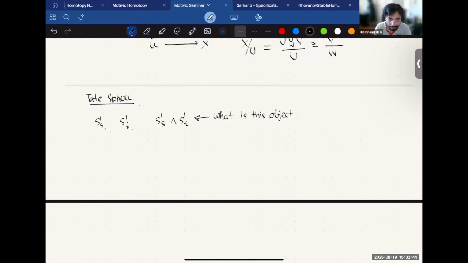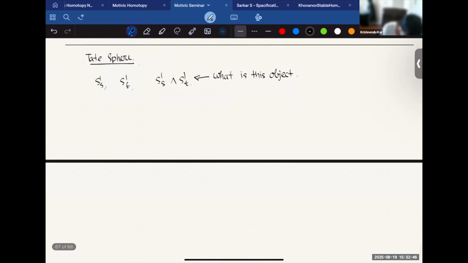We will show that this is the part A in the stable motivic homotopy category. The suspension spectrum of the affine line quotiented out by your Tate circle gives you this guy.